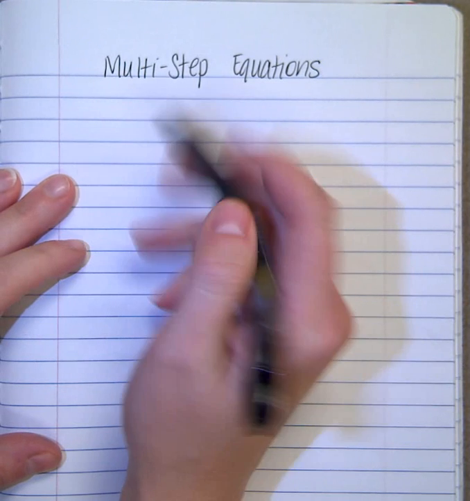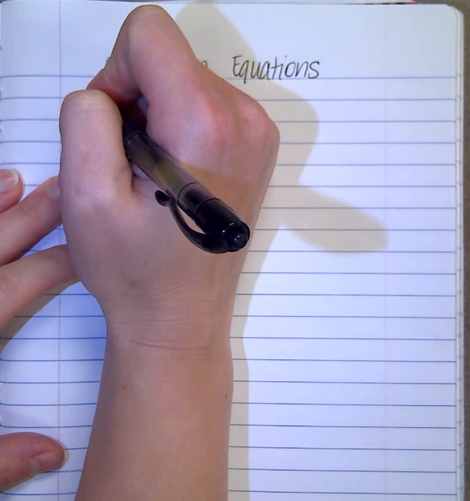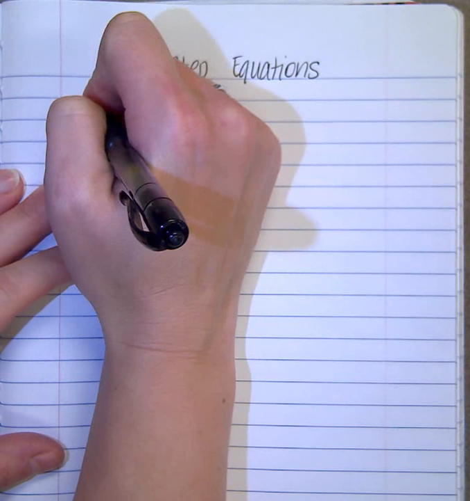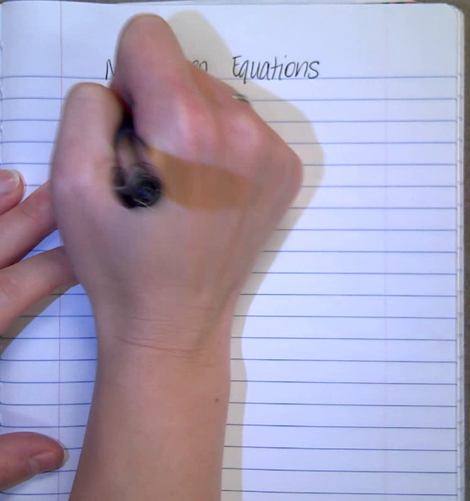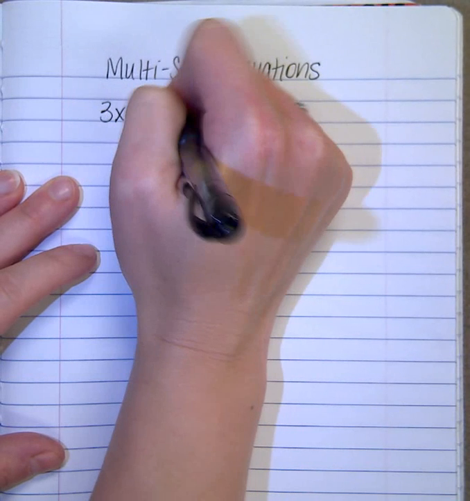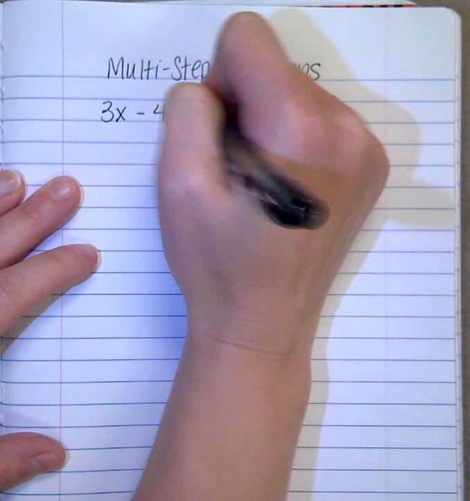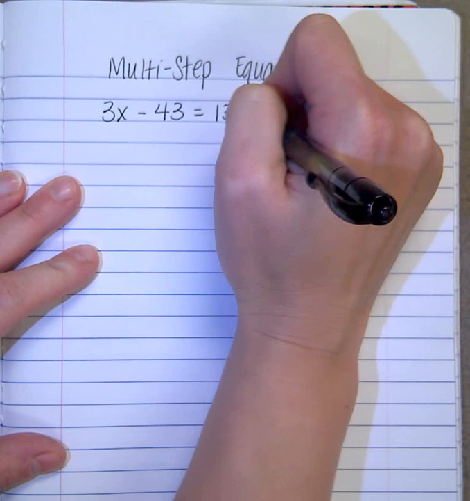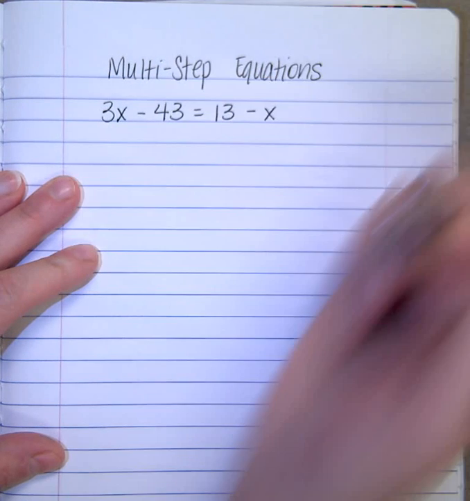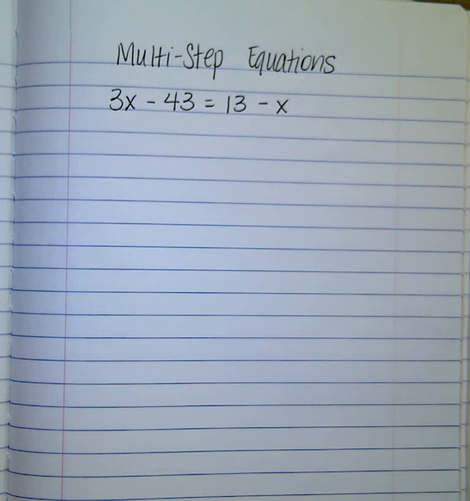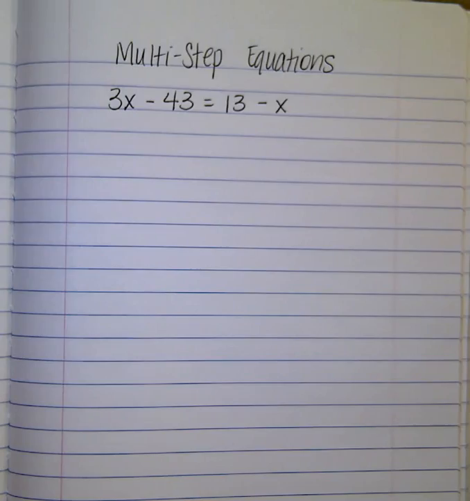So I'm going to give us an example here of 3x minus 43 equals 13 minus x. Okay, so write that down. And just like with regular equations, our goal is to get x by itself.